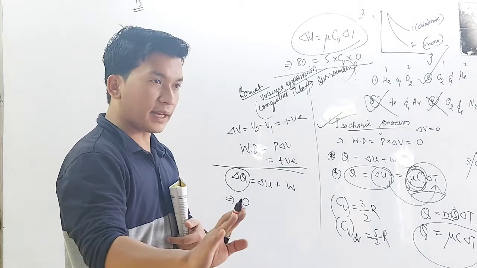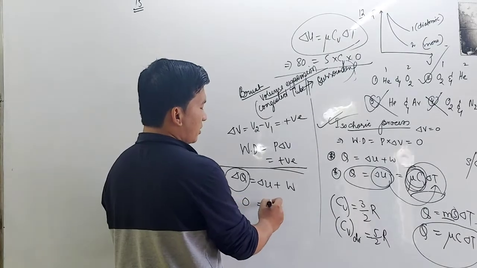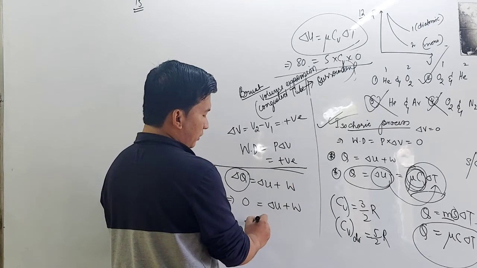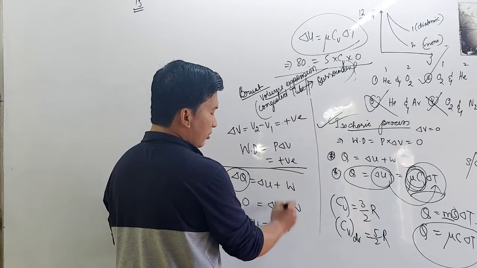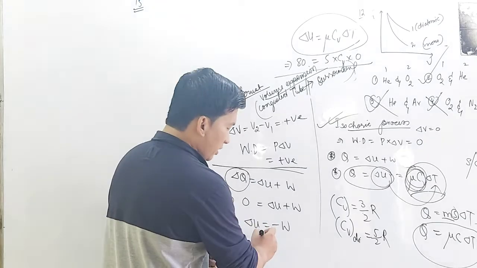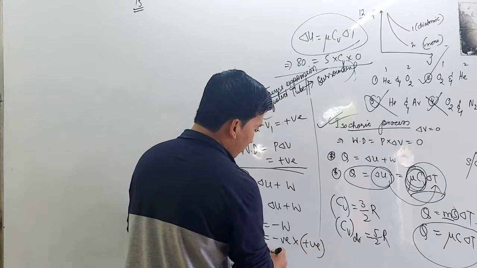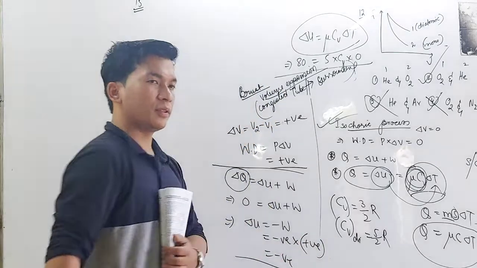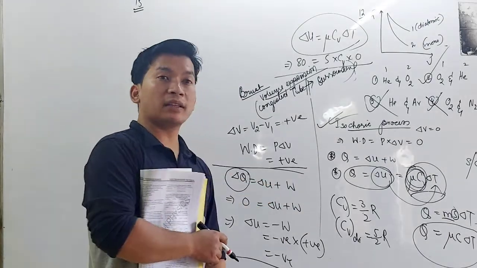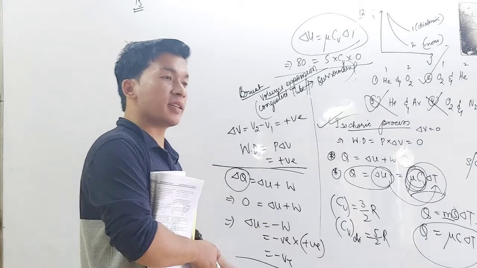So delta U plus W equals 0, and delta U will be equal to minus W. Since W is positive, this is negative. What do you mean by this negative? Temperature decreases. The internal energy decreases, so the temperature decreases.